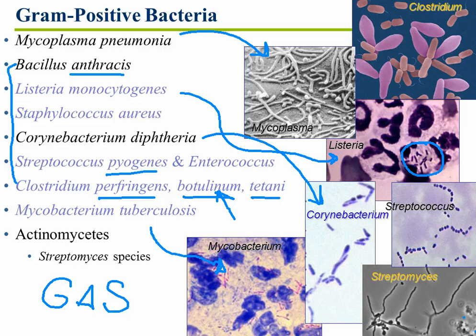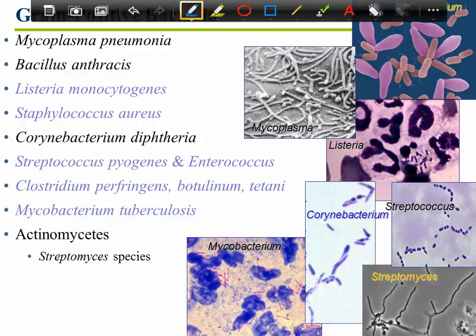And the last guy I want to mention is the group called Actinomycetes, and the main genus is Streptomyces, and he's over here at the far right corner at the bottom. He doesn't cause much in the way of disease. I mean, kind of an odd infection here and there, but very inconsequential as a pathogen. But his importance is in antibiotic production.